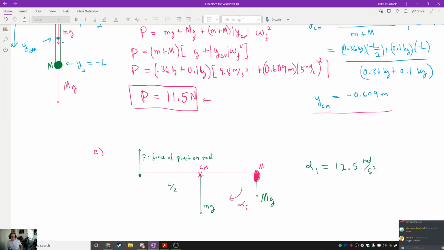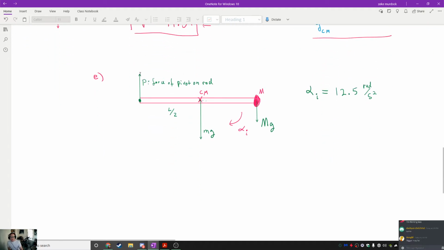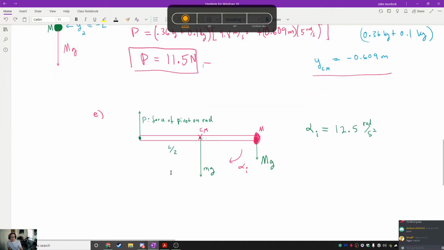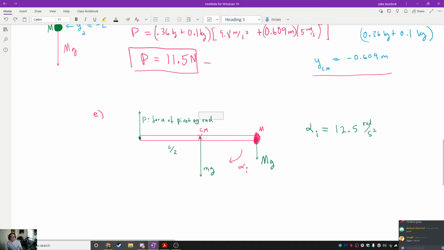Okay. So what can we even do to solve for what this force is going to be? How would we go about doing that? Any ideas?